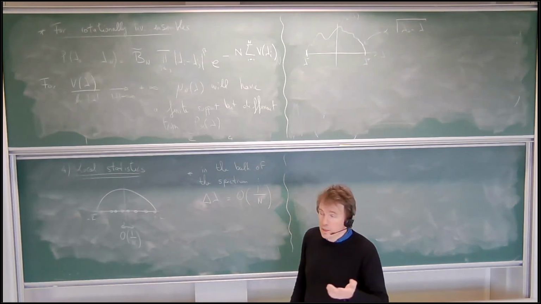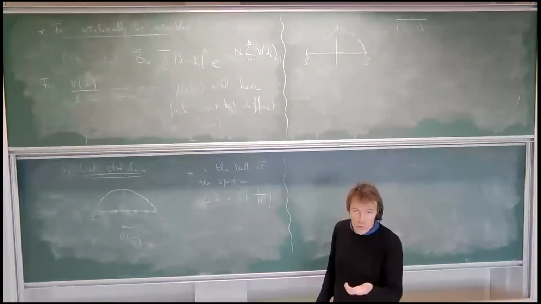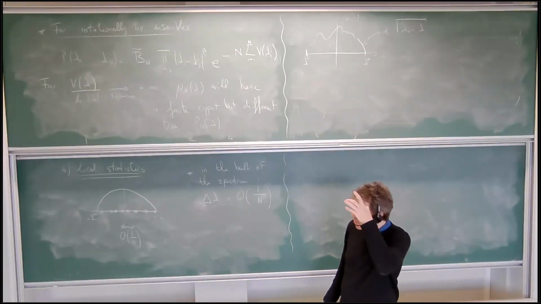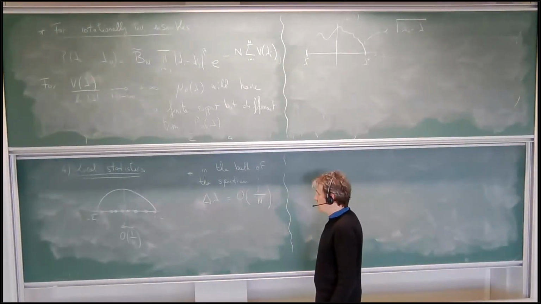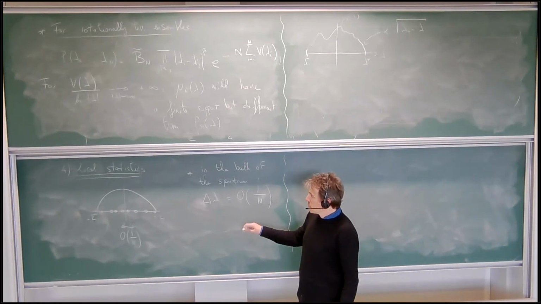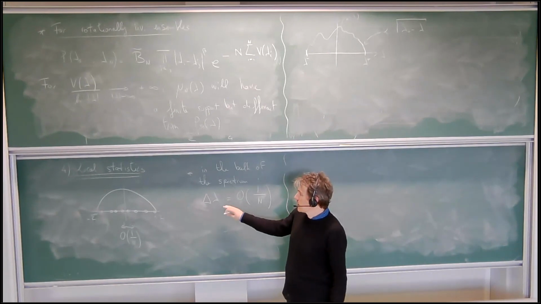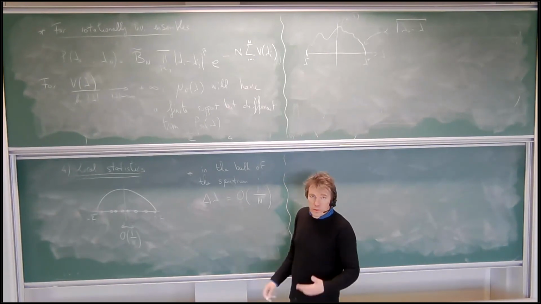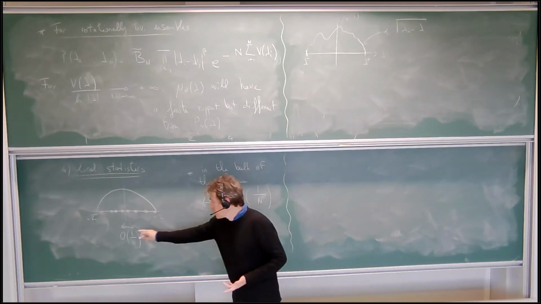And this is precisely what is called the Wigner surmise that was the subject of the homework, if you had a chance to look at it. The Wigner surmise precisely gives the distribution of the gap inside the bulk.